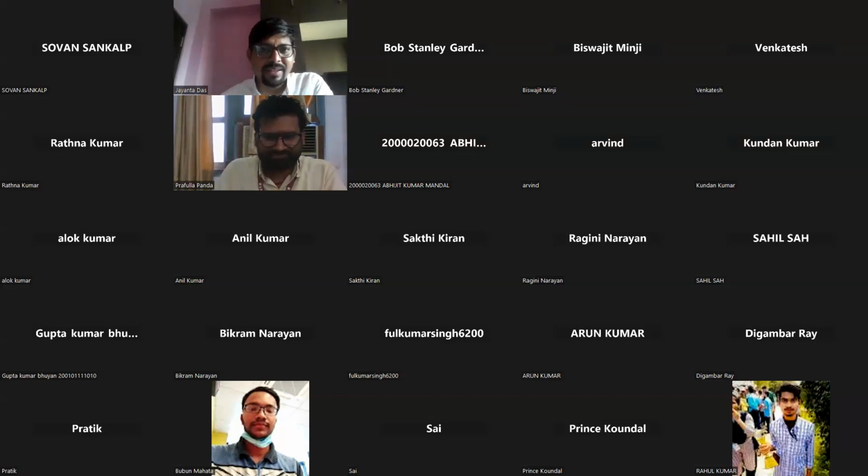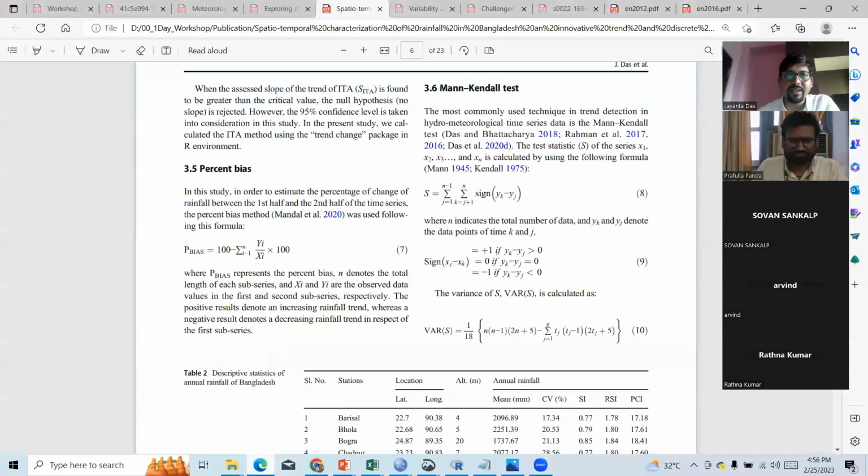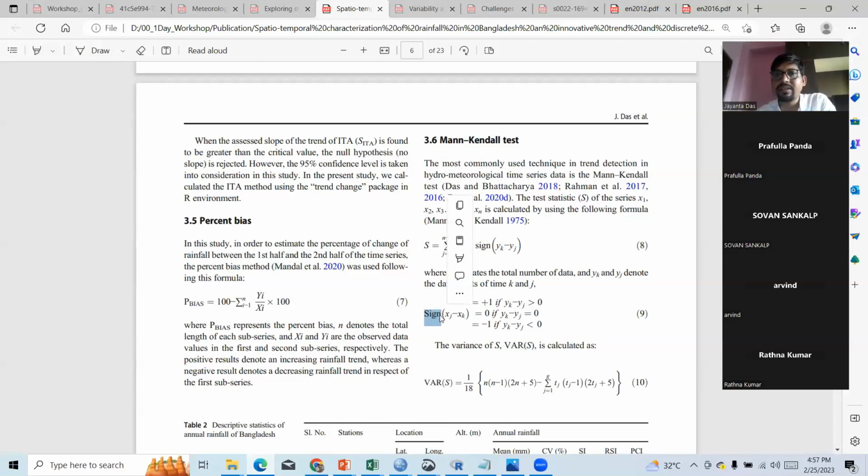No, you can easily manage it. Just see this, my paper I have explained here. In the original paper, they have written SGN. SGN means sign, so I have written SIGN here, the similar thing. Sometimes they use X1, X2, X3.